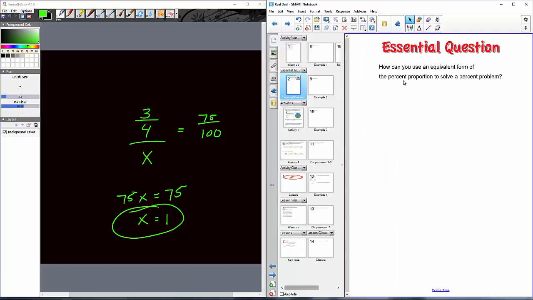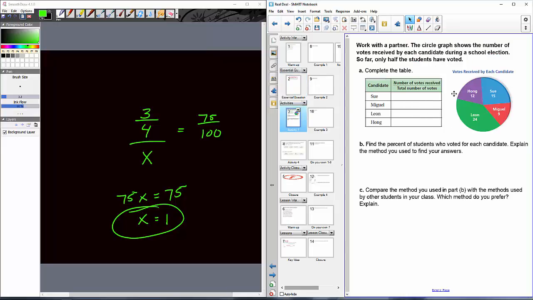How could we use an equivalent form of a percent proportion to solve percent problems? On this one, there's a total of how many people voted. I'm going to add these all up: 27, 36, and then 50, so 60 people, I think. So this is a total of 60.